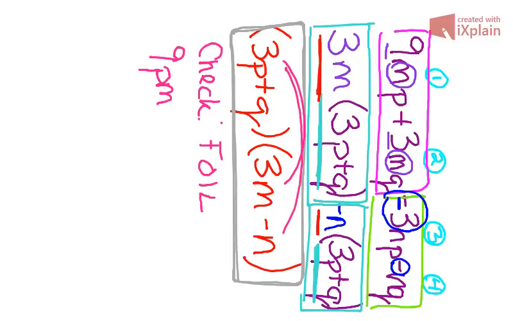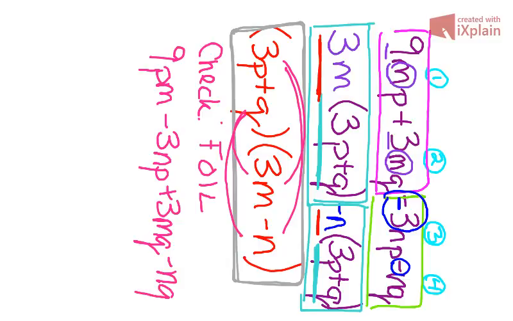Then we would do 3p times negative n, which is going to give you negative 3np, and then we would continue to FOIL. Q times 3m would give us positive 3mq, and then q times negative n, which is going to be negative nq.